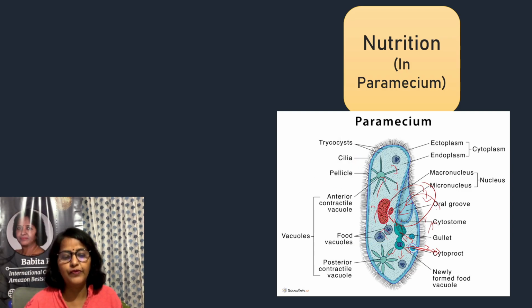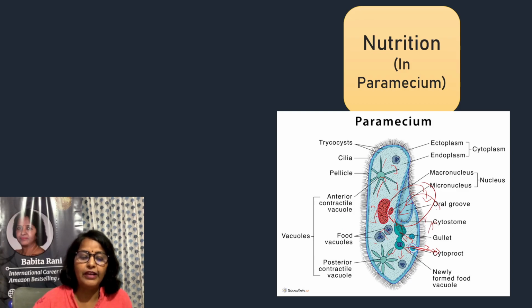It moves in a cyclic way. As it moves along, it becomes shorter and shorter, and finally the undigested food is thrown out of the body. During the movement of the food vacuole in a cyclic way, it is distributing whatever requirement is there in the body.